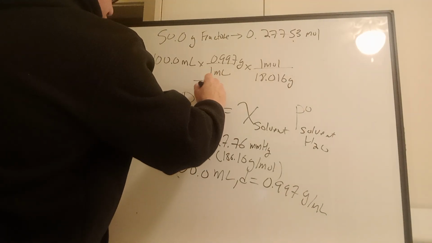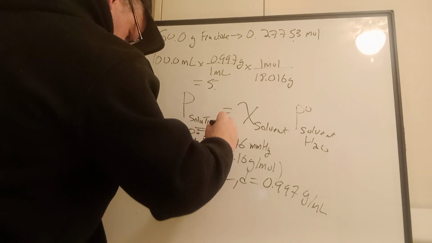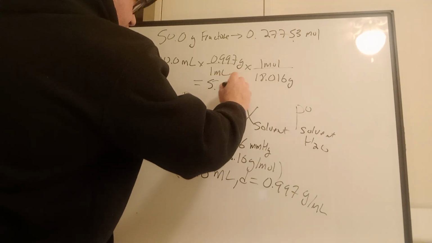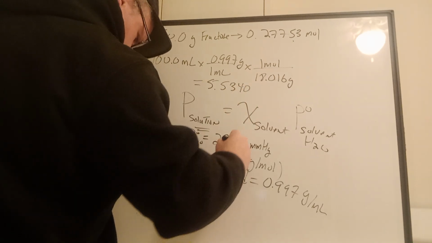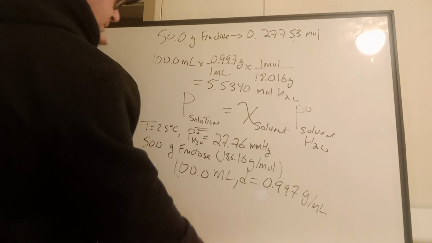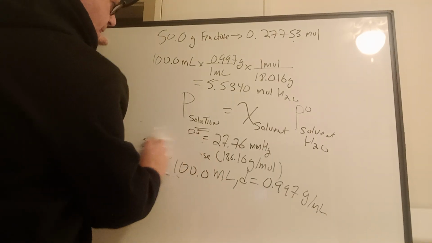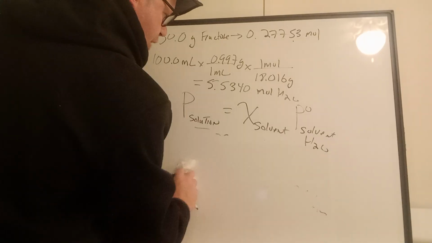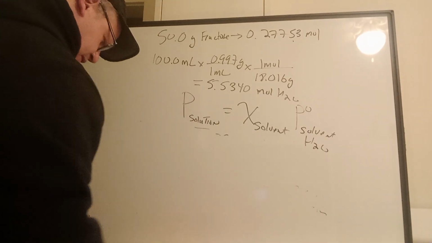Again, I'm going to keep some extra digits on here. I'm not justified this many sig figs, I'm just doing it so I don't round too early. 5.340 moles. So there's a lot more moles of water. I'll keep the equation here. We'll just kind of plug in around it.